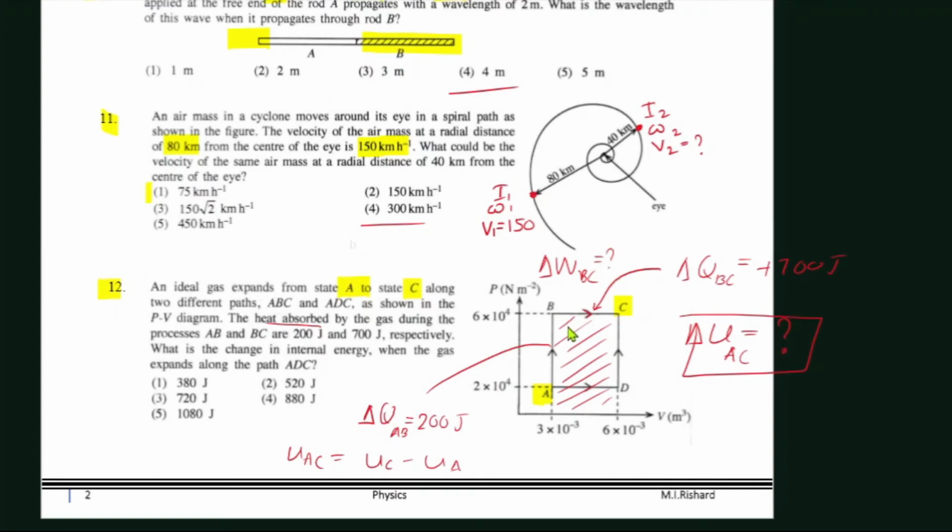How would I find it? By finding the area under this curve, right? First of all, I need to find it. Why am I finding it? You will know it.